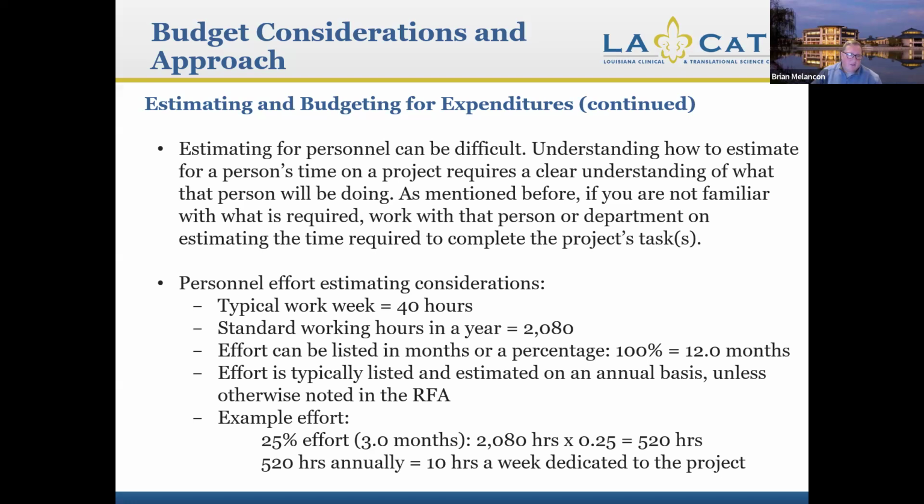The formulas are there if you wanted to think through what it means to have 25% effort or 10% effort. This is standard. I'm not saying this is what you should work with wholeheartedly. Again, work with your business office, your HR, your sponsored projects office to really understand if this is accurate or not with your institution, but this is typically how the math works across the board.